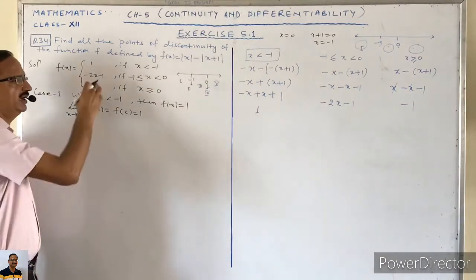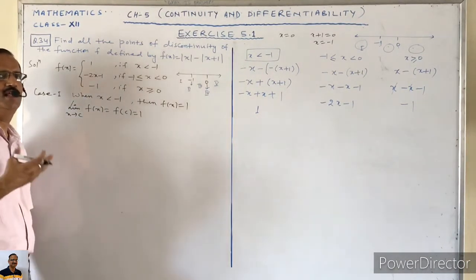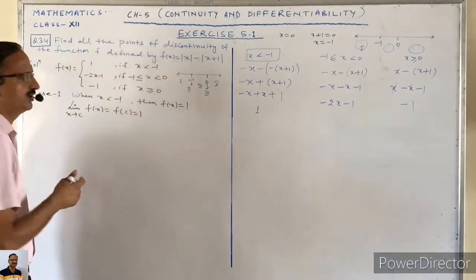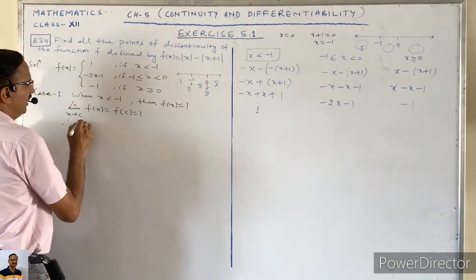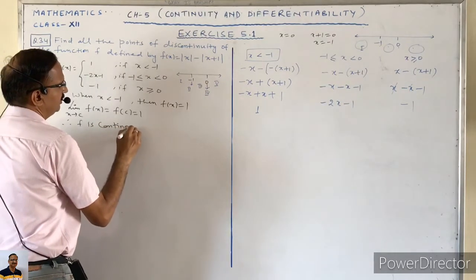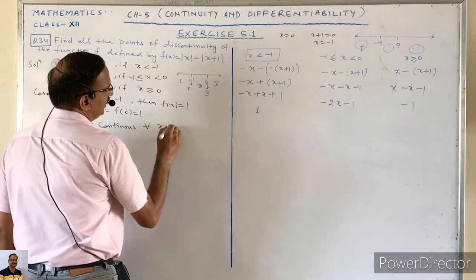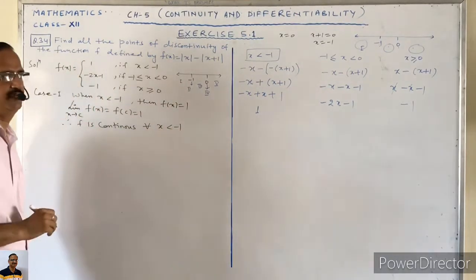It means in this interval or in this partition we can say that the function is continuous. Therefore we can write f is continuous for all x less than -1.